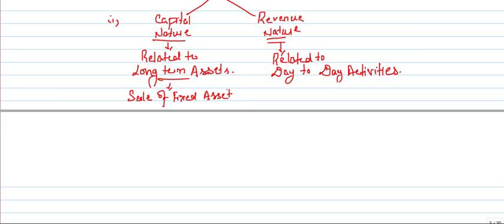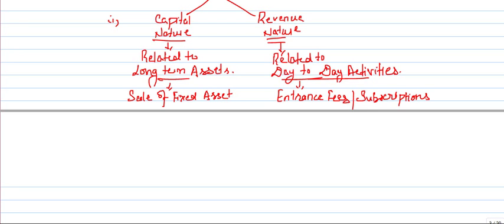So the receipt and payment account says anything that is coming into your pocket you have to record in the receipts and payments account, right? Revenue nature, anything related to the activities of the NPO, like entrance fees received or subscriptions received, right?